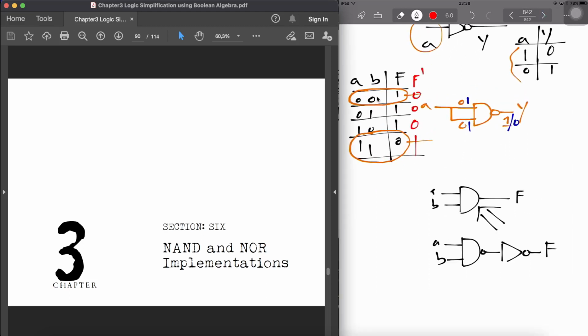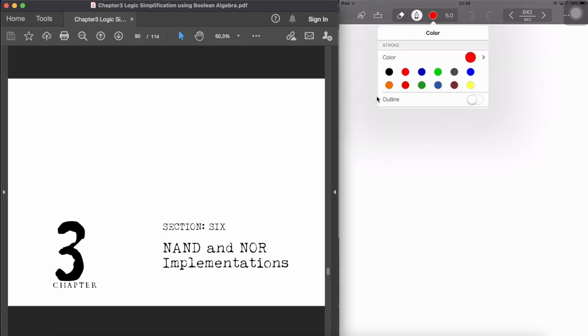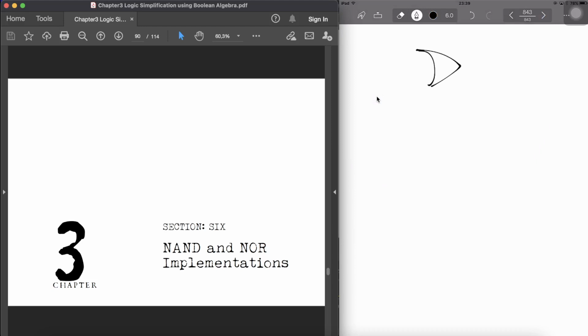And lastly, we can also use a NAND gate and implement an OR gate. So OR gate: either of the inputs are 1 or both are 1, output is 1. So OR function, A, B, F: 0, 0, 0; 0, 1, 1; 1, 0, 1; 1, 1, 1.